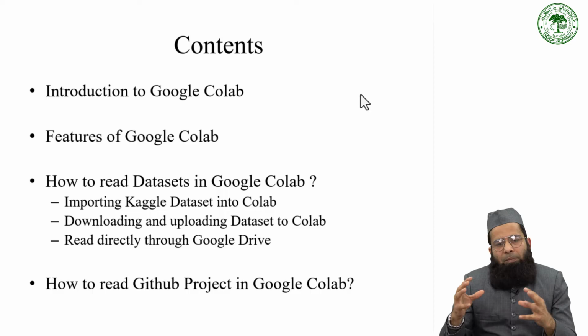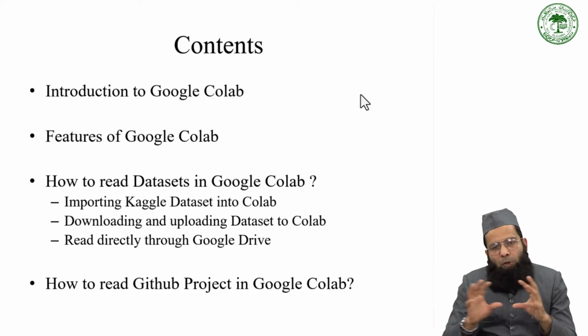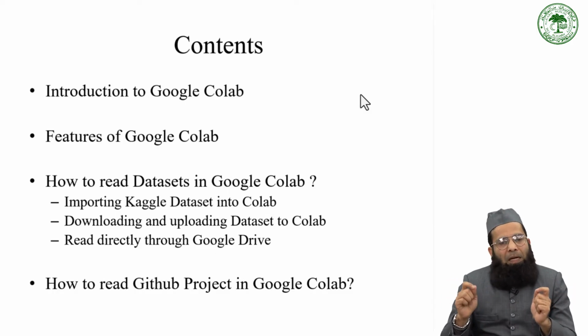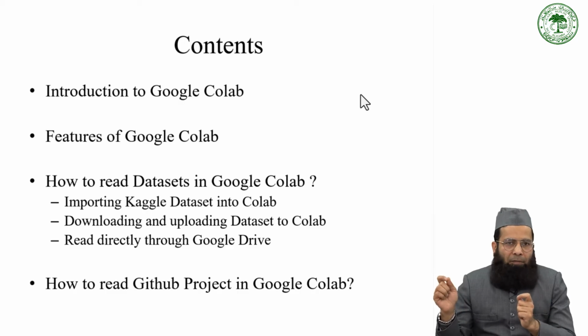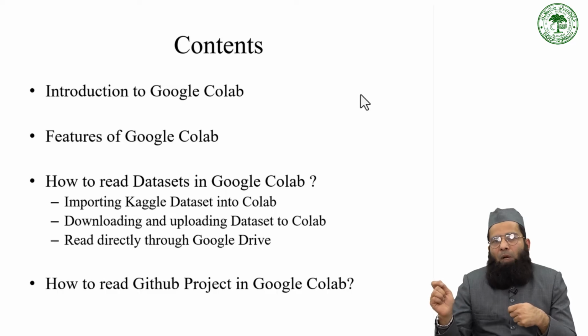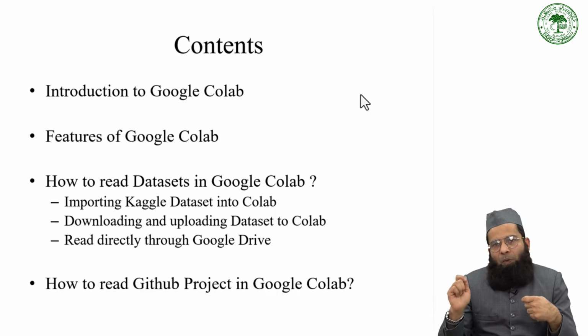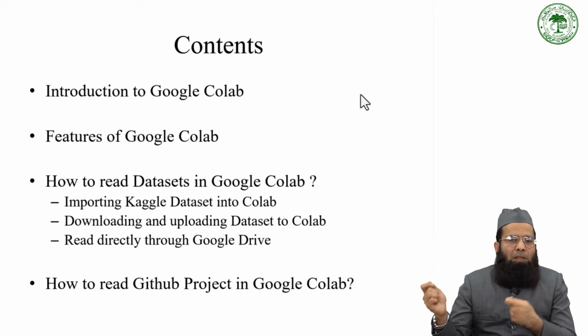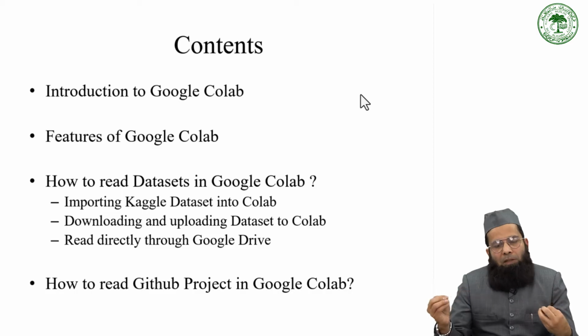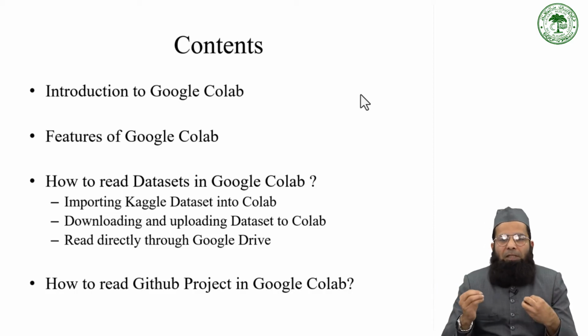Mounting Google Drive means, since you have two different platforms, although both belong to Google, one platform is Google Colab and the other is Google Drive. So to read or write Google Drive files, you need to mount the Google Drive. How we can mount Google Drive, we'll see in today's lecture.